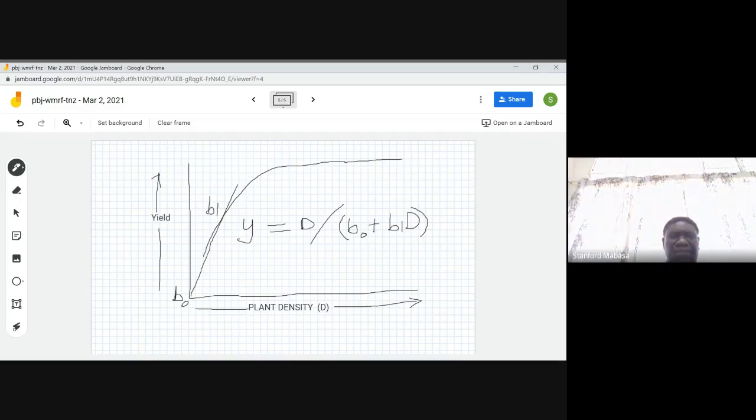So if we increase density, this is how yield is described by this graph. And this equation is representing this graph. Now we want to look at a situation where we have got one plant. Here we are looking at the total plants.